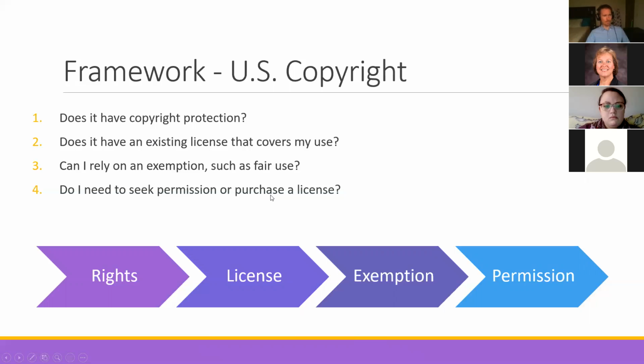And do I need to seek permission or purchase a license? So steps 1, 2, 3, and 4, it's not an involved process, but there are steps you should know. We're not going to go into too much detail, but I just want to have this in the back of your minds. This is the framework we're going to be using.